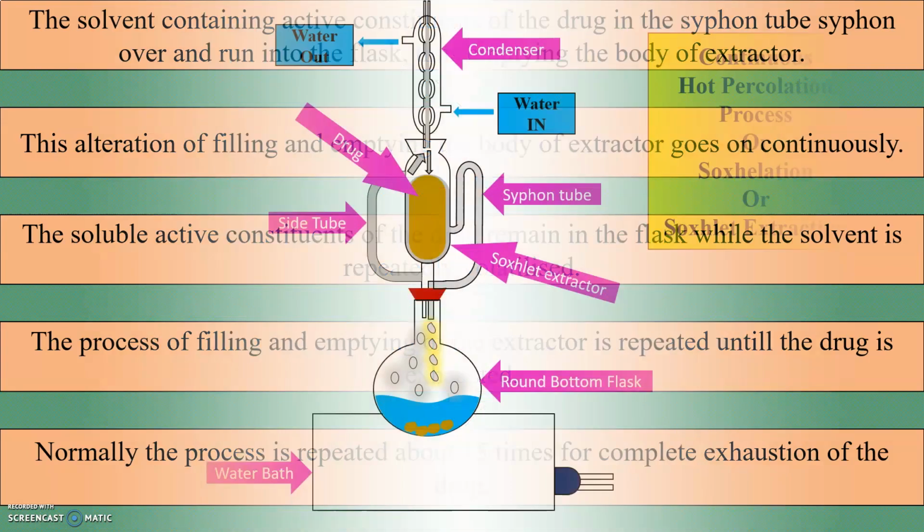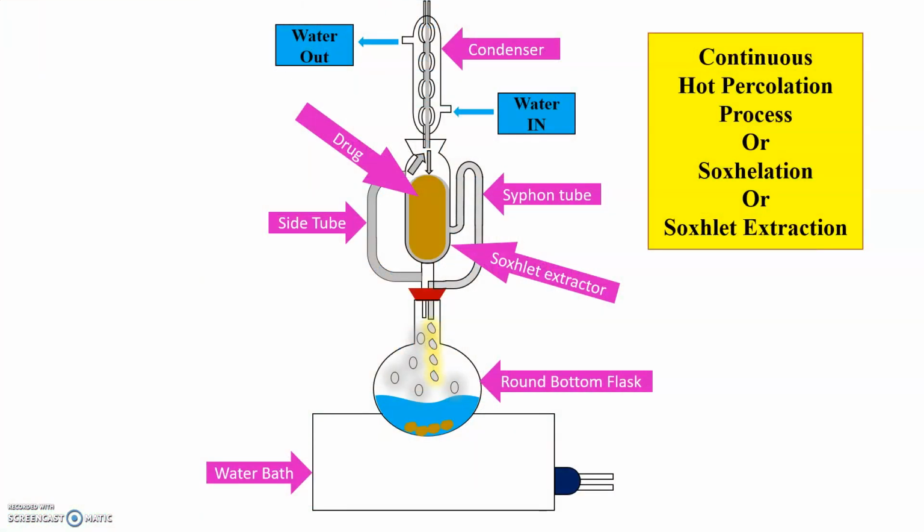Now, let us see the Soxhlet extraction apparatus. As we see here, it consists of three main parts: flask, Soxhlet extractor, and third is the condenser. Condenser has water inlet and water outlet.